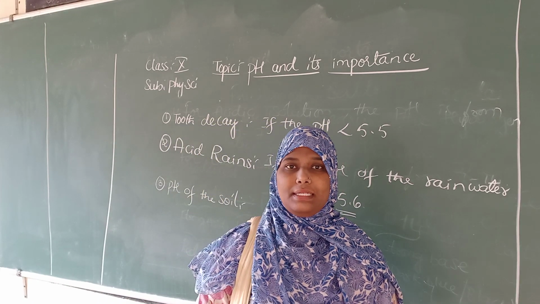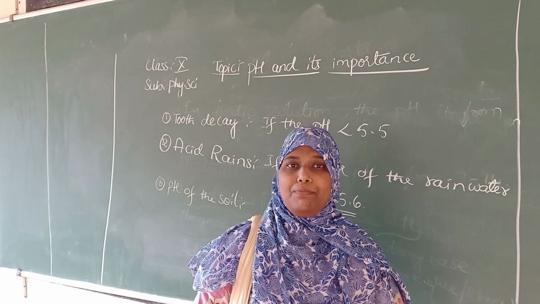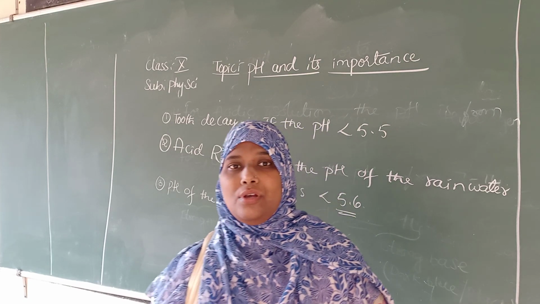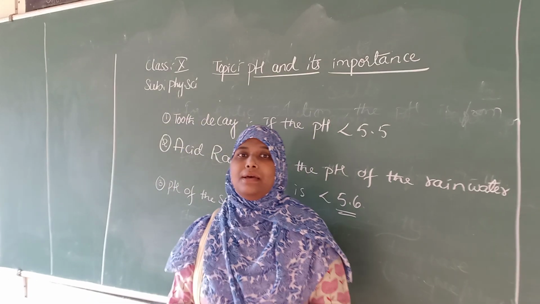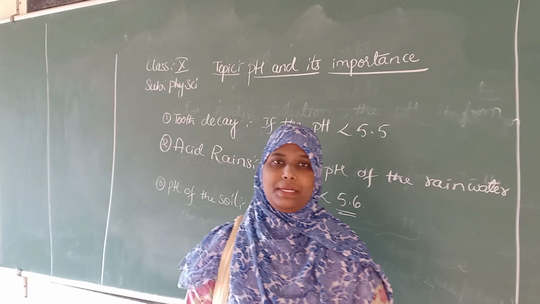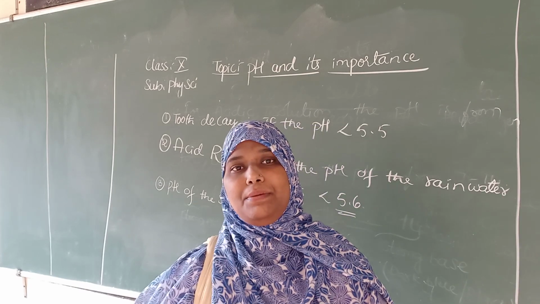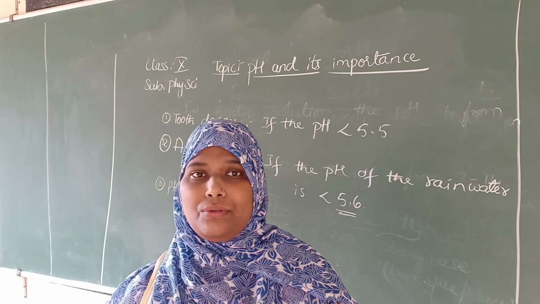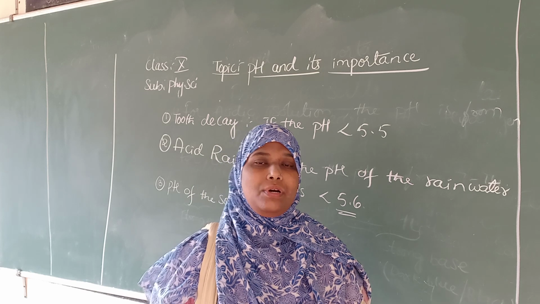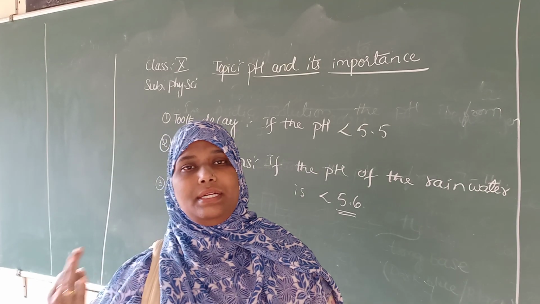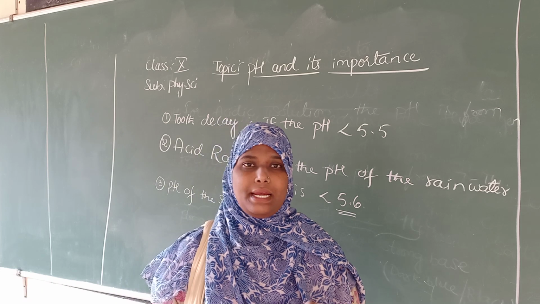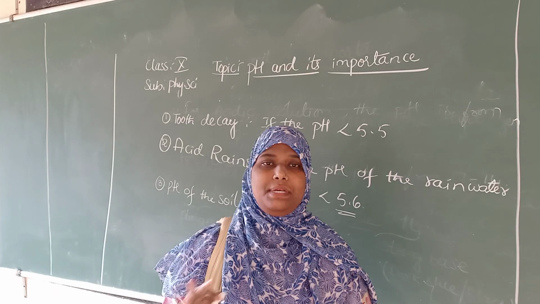If there are no plants, life would not be possible. In order for the proper growth of the plants, pH has to be maintained. Plants require a specific pH for their growth. The plants do not want more acidic conditions, nor do they need more basic conditions. Slightly acidic and slightly basic.